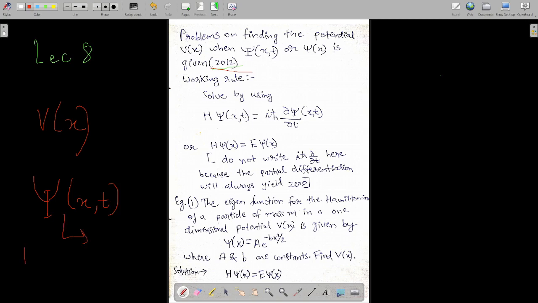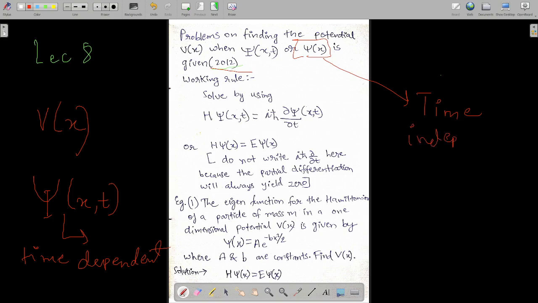And simple psi denotes the time independent wave function.